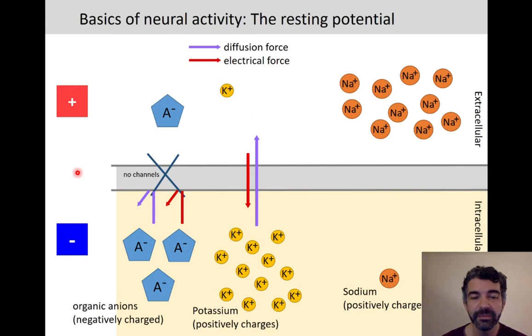For potassium, which is positively charged, we see a bit more of a complicated picture, because the diffusion force, this purple arrow, drives them outside of the cell because there are many of them on the inside and only few of them on the outside. So they want to get out.